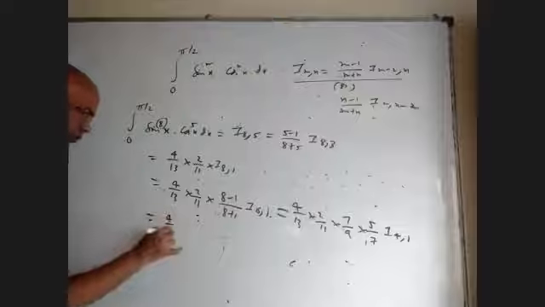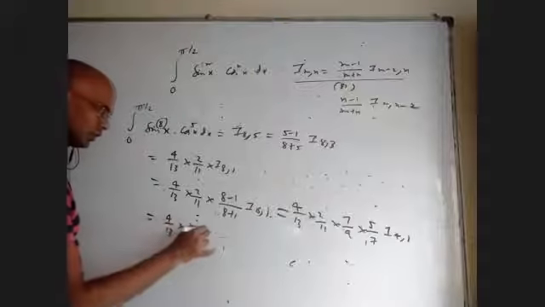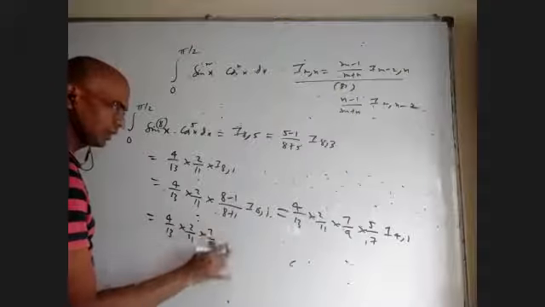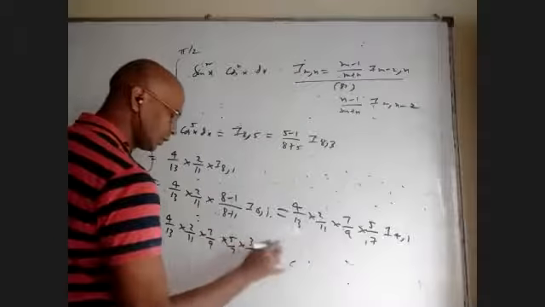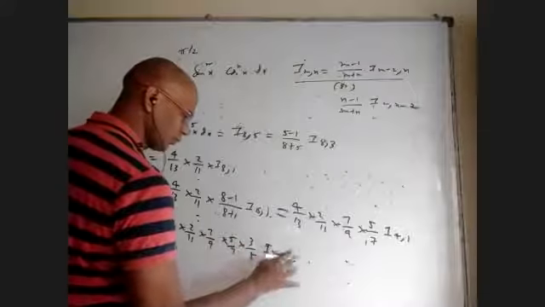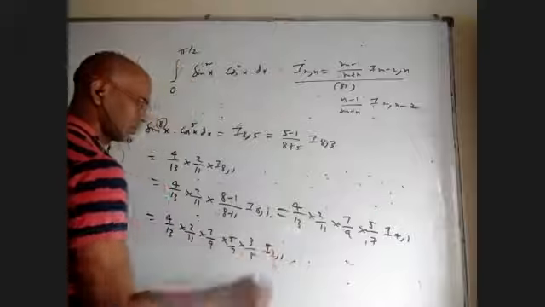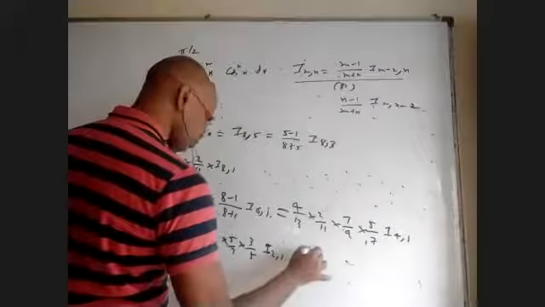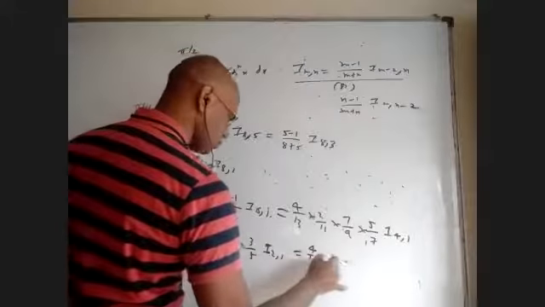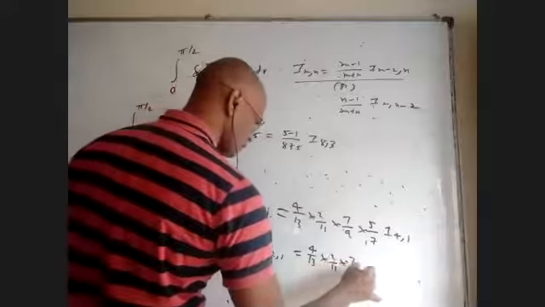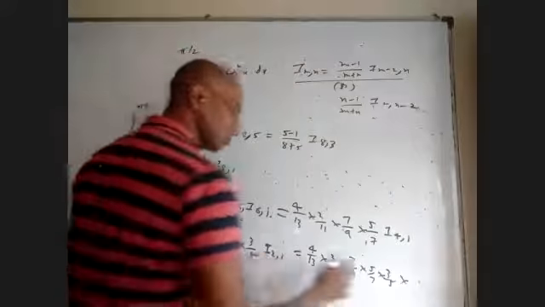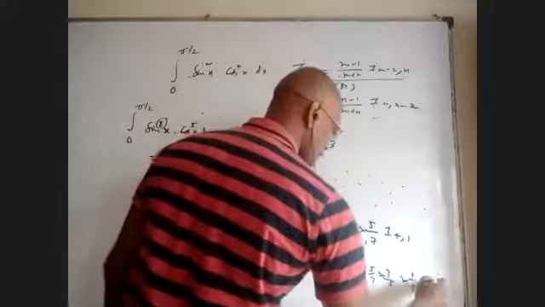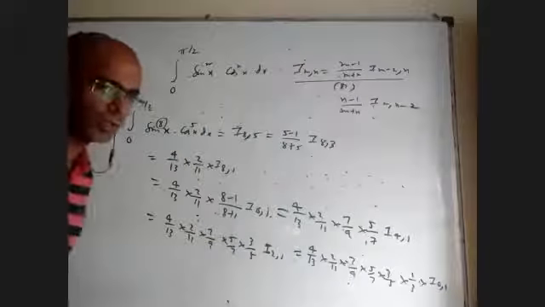Further, it is going to come 4 by 13, 2 by 11, 7 by 9, 5 by 7, 3 by 5, I 2 comma 1. Now 4 by 13, 2 by 11, 7 by 9, 5 by 7, 3 by 5. It is going to come 1 by 3, I 0 comma 1. And that answer is 1 finally.